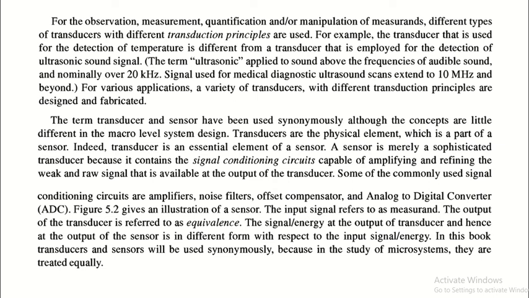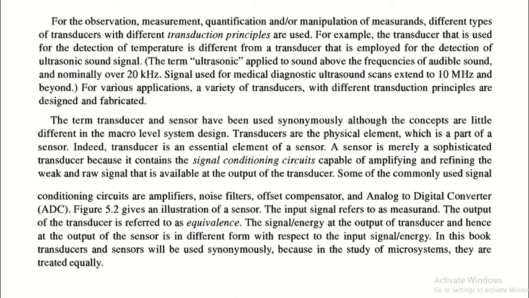Transducers are the physical element which is a part of a sensor. Indeed, a transducer is an essential element of a sensor. A sensor is merely a sophisticated transducer because it contains the signal conditioning circuits capable of amplifying and refining the weak and raw signal that is available at the output of the transducer.